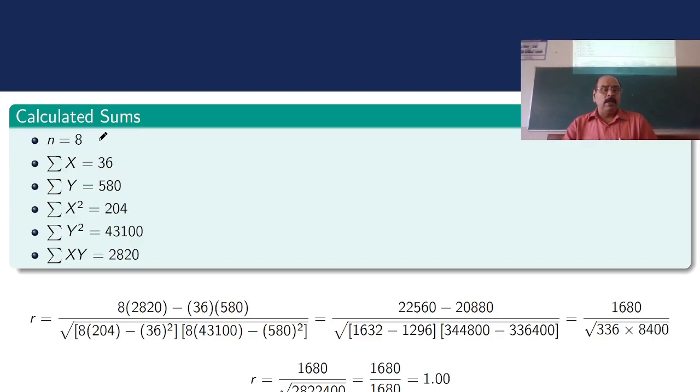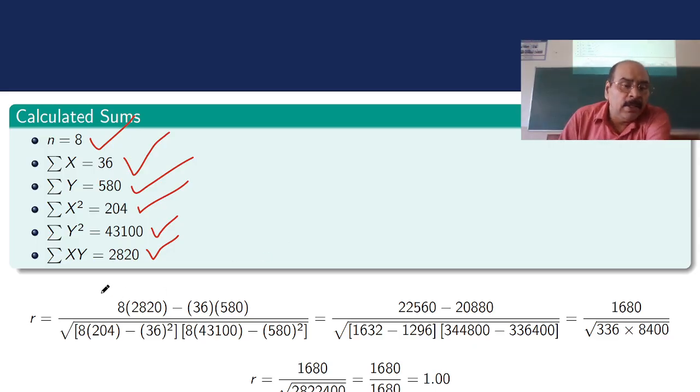So now n, I've taken it as 8 values. Sigma x is 36, sigma y is 580, sigma x square is 204, sigma y square is 43,100, sigma xy is 2820.